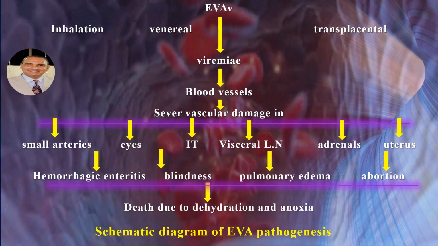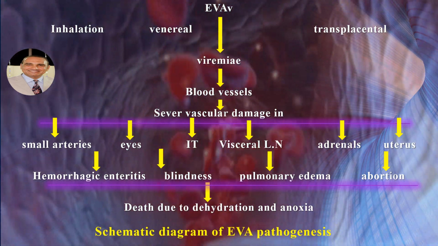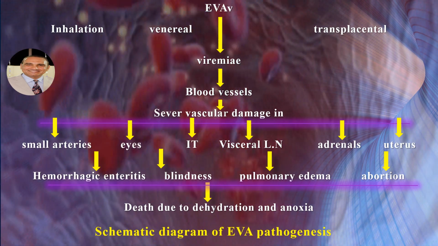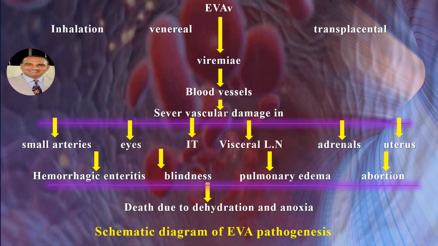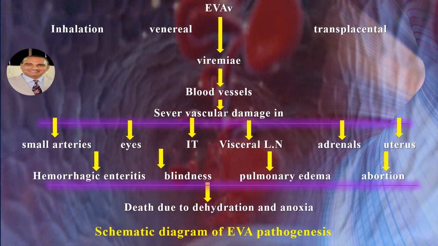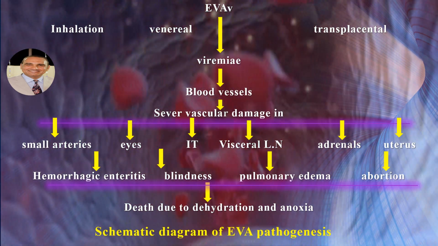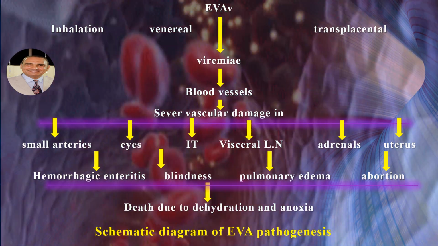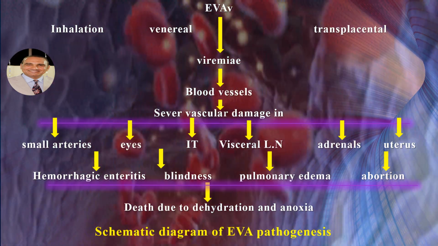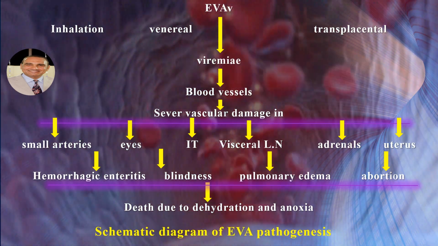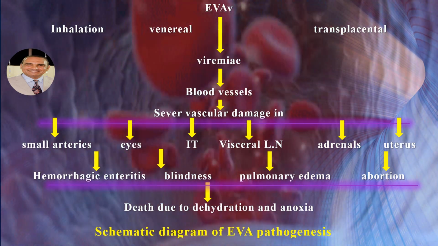Equine viral arteritis virus spreads through inhalation of respiratory droplets, venereal transmission between mares and stallions, and transplacentally from infected mares to foals, where the virus, after multiplication, will cause viremia, then goes to blood vessels, causing severe vascular damage in small arteries, eyes, intestinal tract, visceral lymph nodes, adrenals, and ureters.